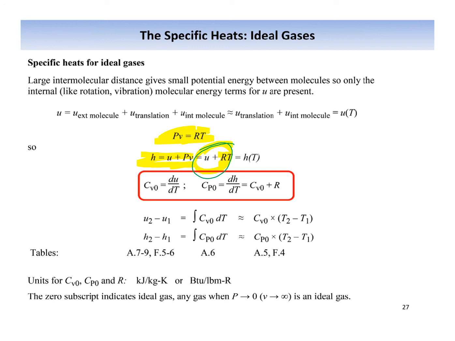Now if we differentiate it with respect to temperature, we will get partial h over partial t. Since we have only one independent variable, we can use dh over dt instead of partial h over partial t, which is equal to du over dt plus d(RT) over dt.